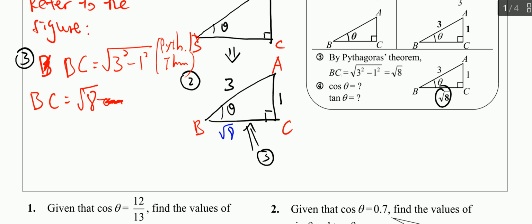And then for step 4, you can just reverse to the length ratios to find the corresponding ratios for cosine and tangent.